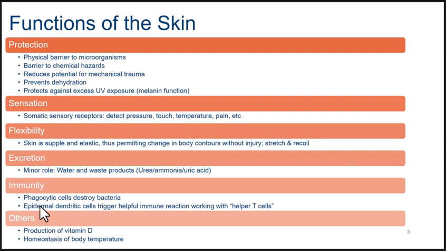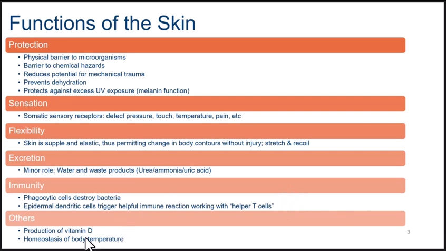For example, we have epidermal dendritic cells, and these ones are going to help specifically trigger a helpful immune reaction within our skin to ward off infection. And they work with other cells that are called helper T cells or helper immune cells. And you'll learn a lot more about these cells when you get to the immune system lecture next term.